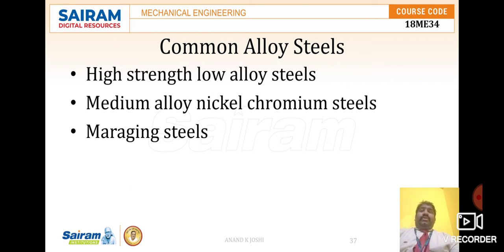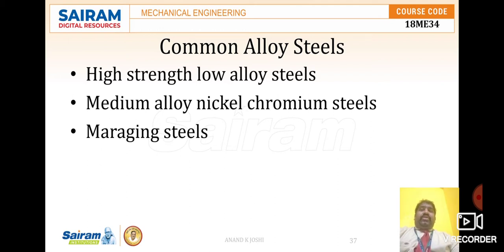One such steel has 0.2% carbon, 1.5% manganese, 0.003% to 1.1% niobium, and 0.0032 to 0.1% vanadium.